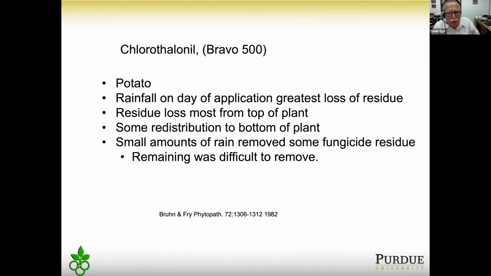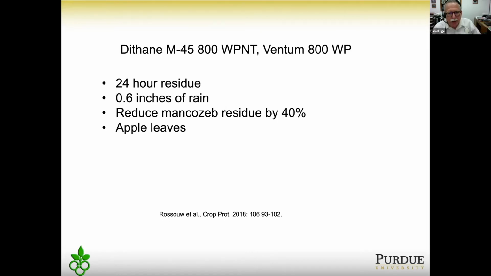Small amounts of rain removed some of the fungicide residue, but the remaining was difficult to remove. So the initial rain removed some, but what was on the leaf tended to stay on the leaf.